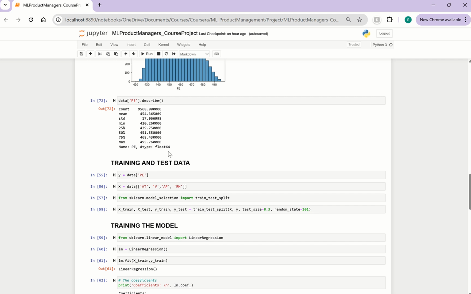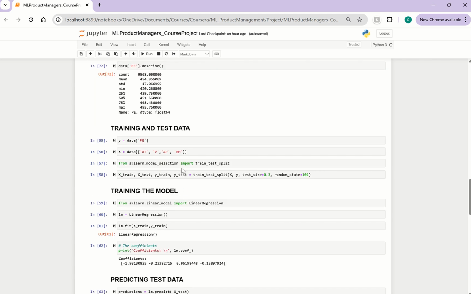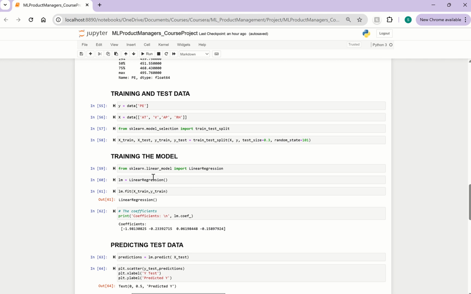After that exploratory data analysis, I went into building the training and test data sets, and to do that I used the scikit-learn train test split function, which creates your training and test split. I then trained the model using a linear regression model, and my rationale for doing this was based on the linear relationship between the AT and V variables with our output variable PE.